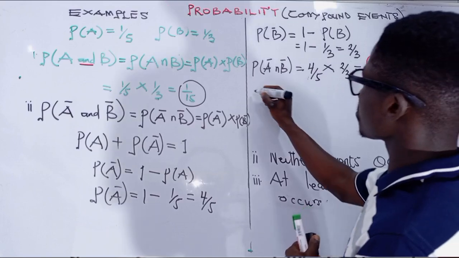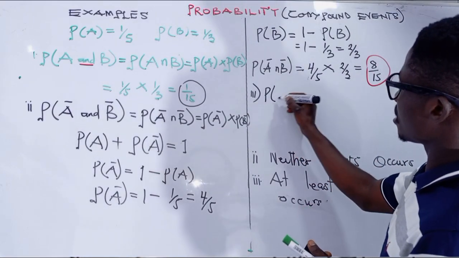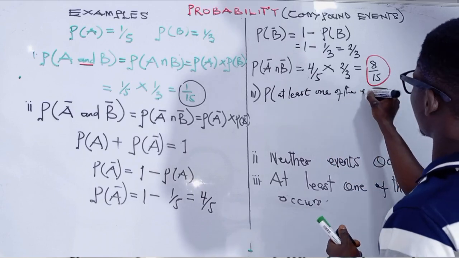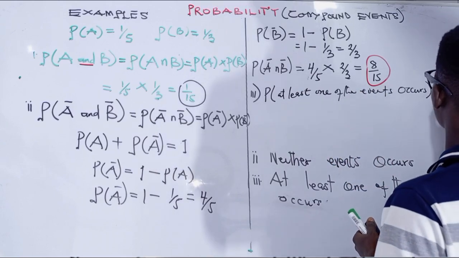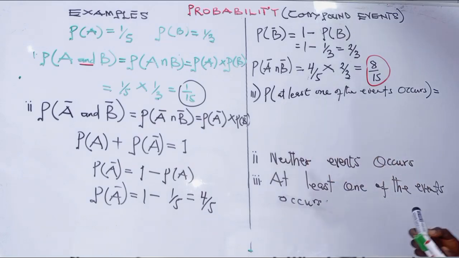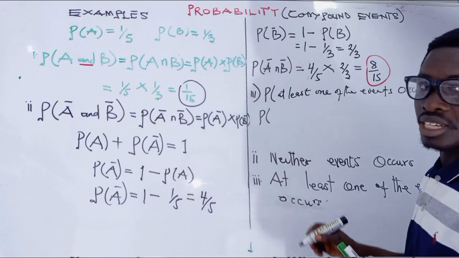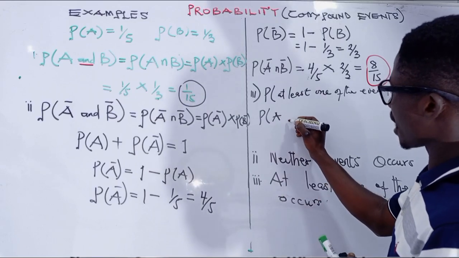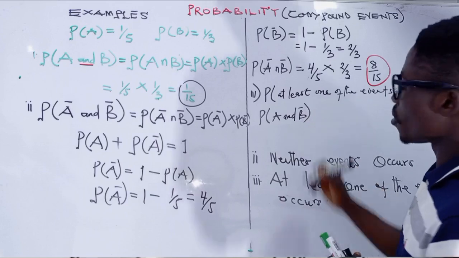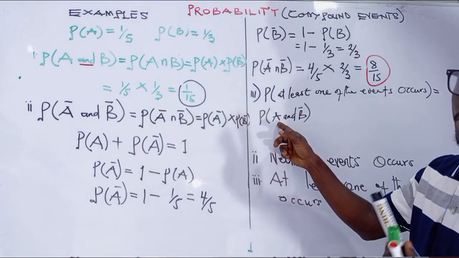So the probability that at least one of the events occurs will be given as the probability that event A occurs and event B does not occur. With this, it is only one of the events that is occurring.